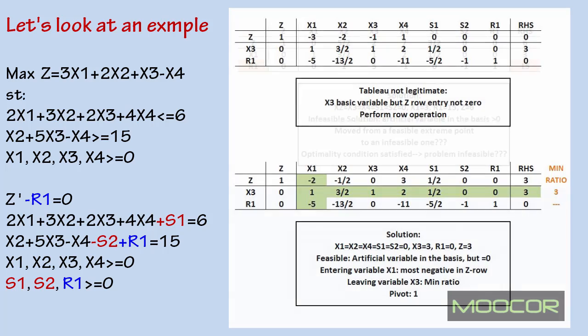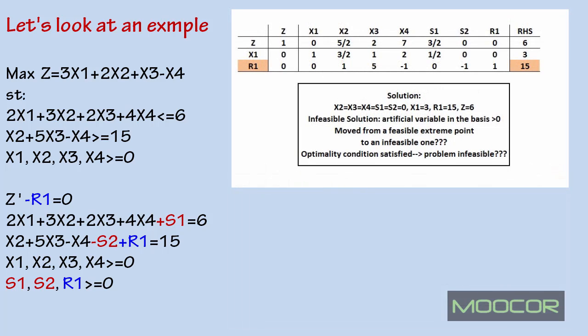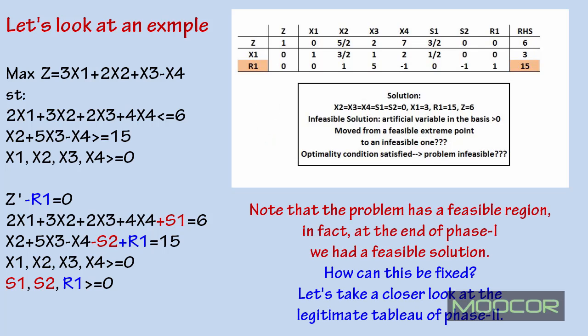Here x3 is the only candidate, so I will carry out the iteration, and as I do I will notice something very strange happening, that R1 is now becoming a positive value, which indicates that I started from a feasible extreme point and I ended up at an infeasible extreme point.